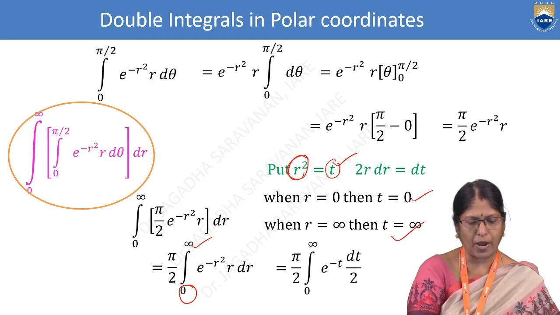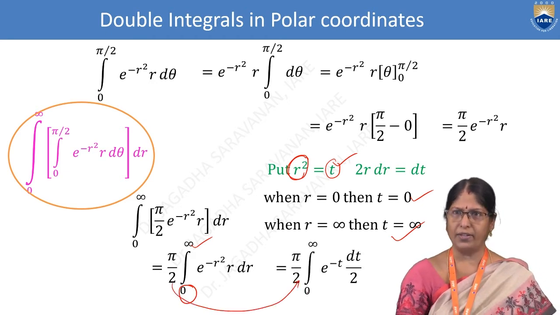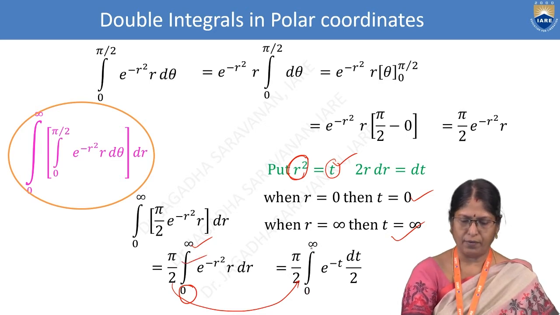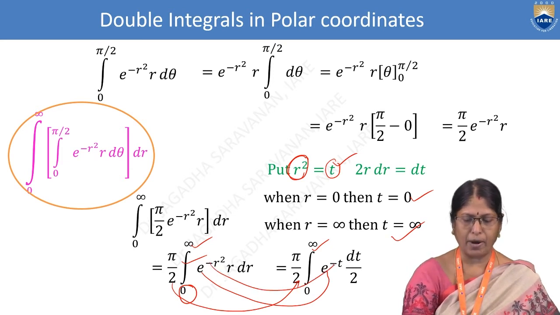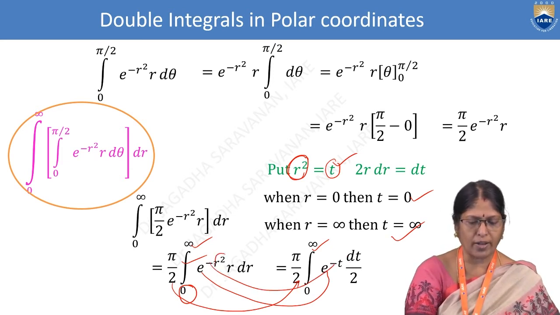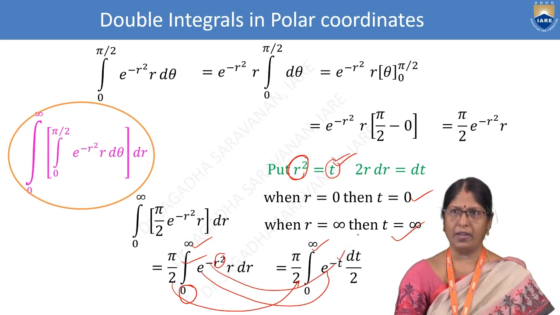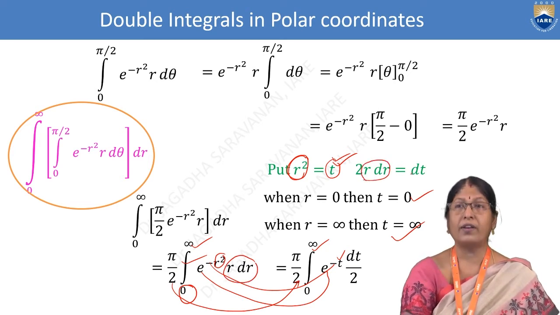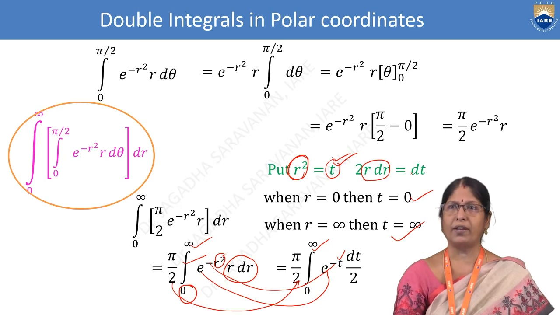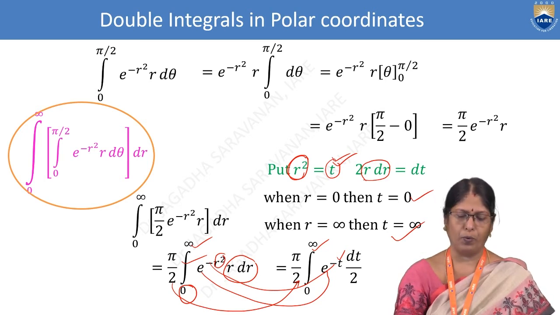Now, this pi by 2 is written as it is. The integral, we just copied it. E as e, minus as minus. R square we assumed as t, so it has become t. We want r dr. From here we are picking r dr, it's nothing but dt by 2.